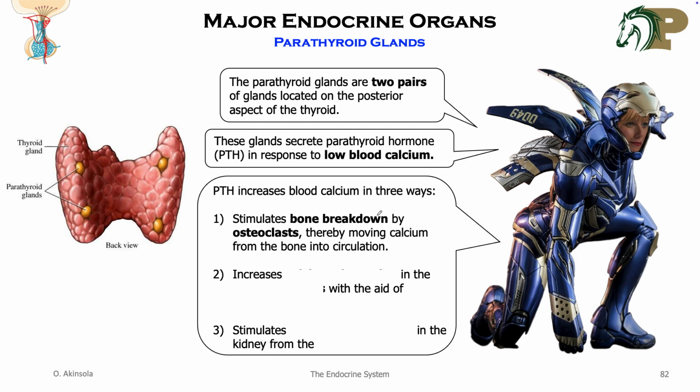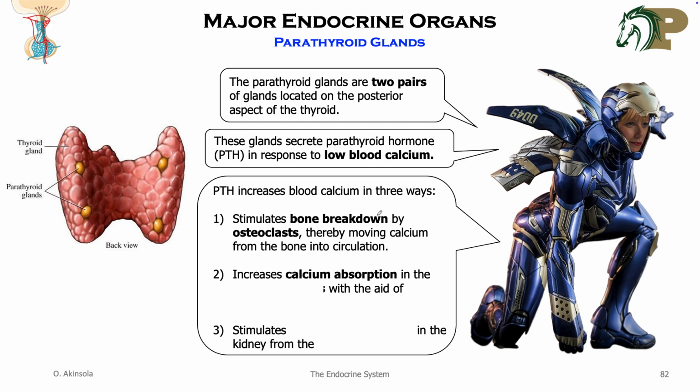Remember our friends, the osteoclasts from last semester, thereby moving calcium from the bone into circulation. As you break down bone, you essentially harvest all of that stored calcium, and you toss it into circulation. So that's one way PTH can increase blood calcium.